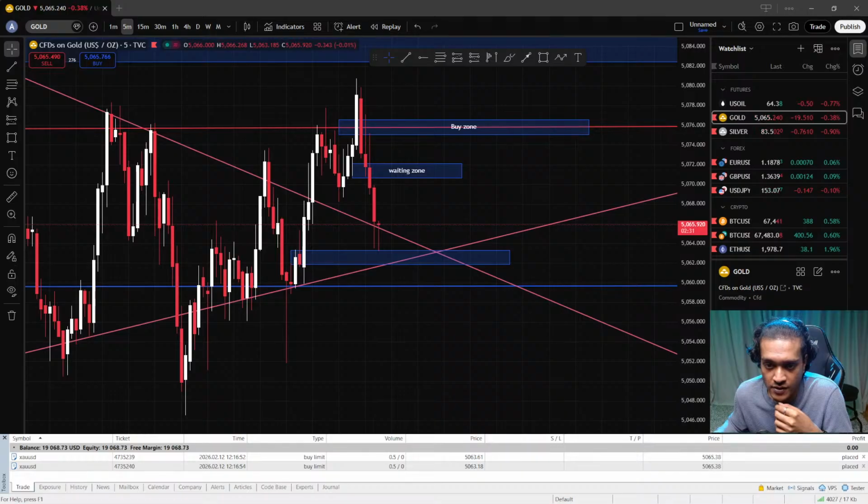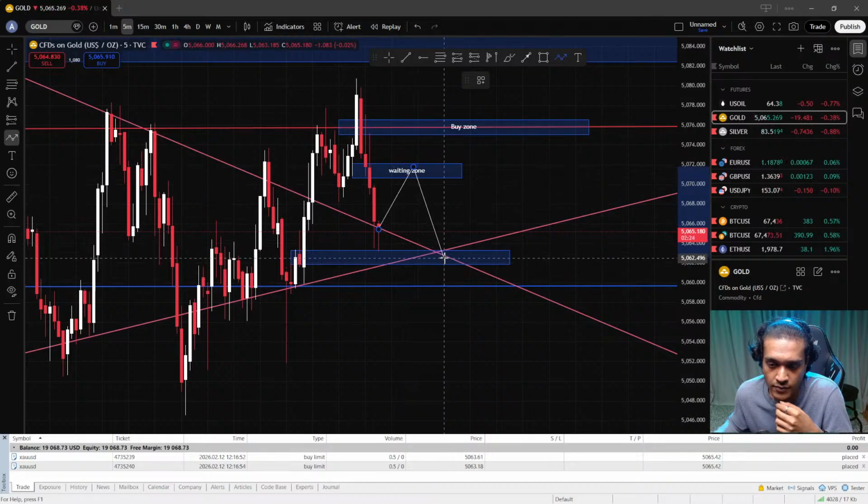If it is showing this way, I'm worried that the price would come back here, right? Check here, come back here, and then come back down.